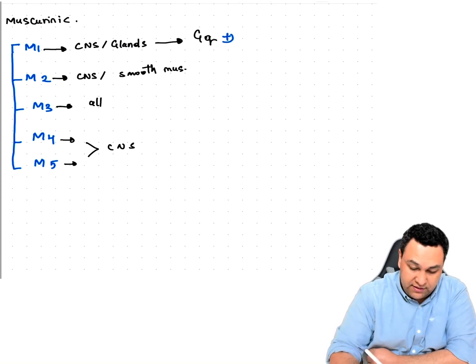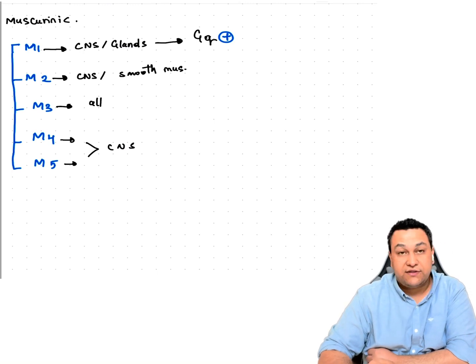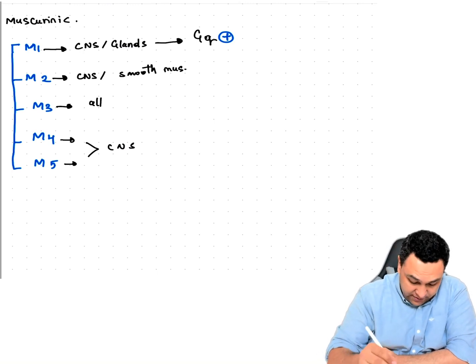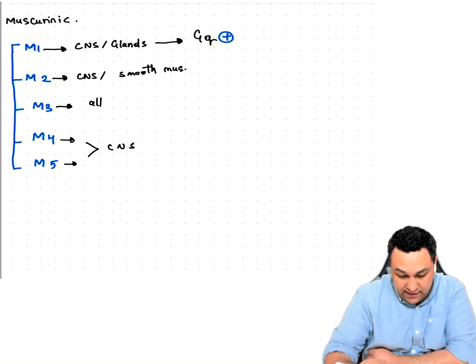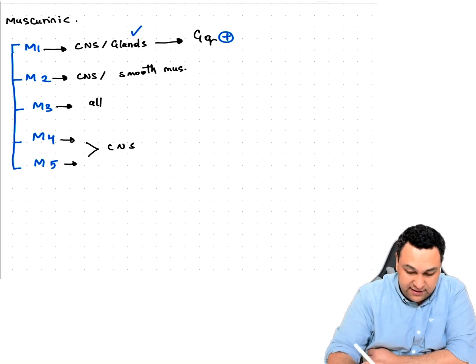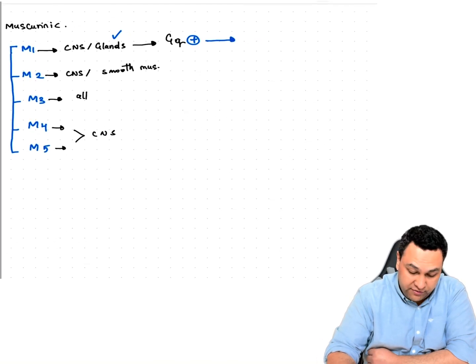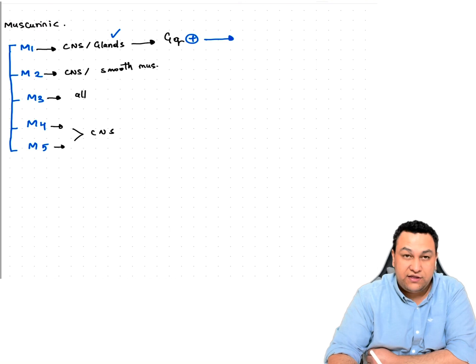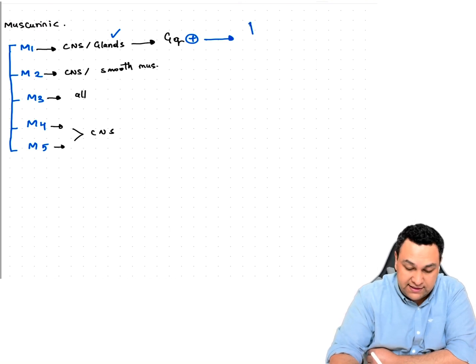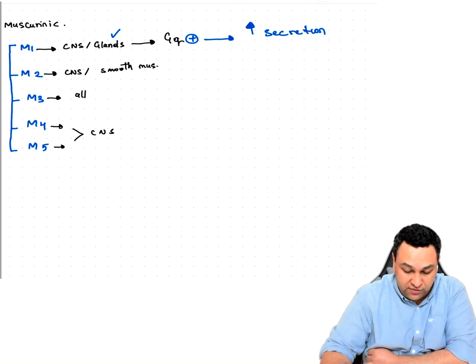So it's a stimulatory pathway. As a result, let's say they are located in glands, and we stimulate M1 in glands. The result is activation of the Gq pathway, and the result of the activation of the Gq pathway is increased secretion. So this is how it affects the gland.